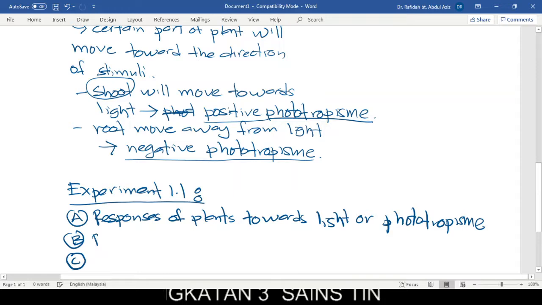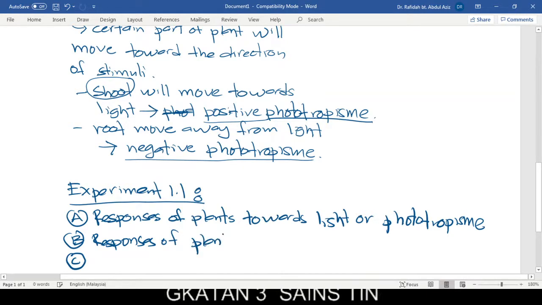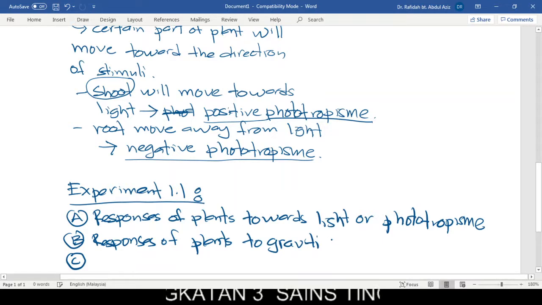B is responses of plant to gravity, or we call it geotropism.